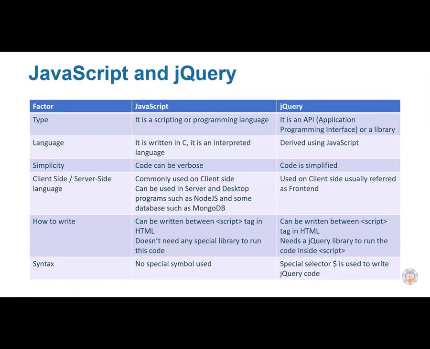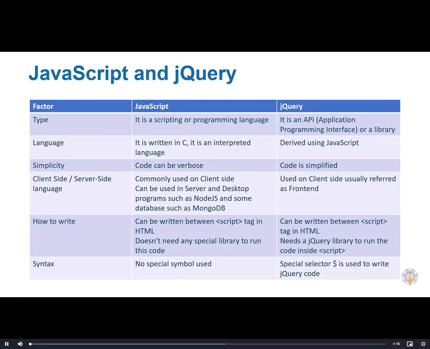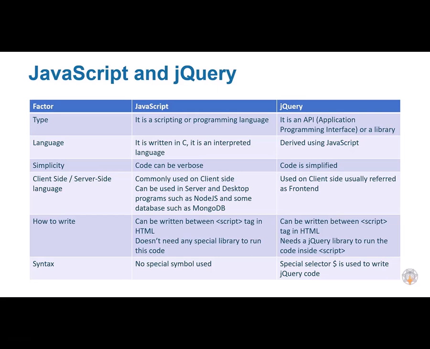Now let us understand the similarities and differences between JavaScript and jQuery. JavaScript is a scripting or programming language, whereas jQuery is a JavaScript library. JavaScript is internally written using C language.